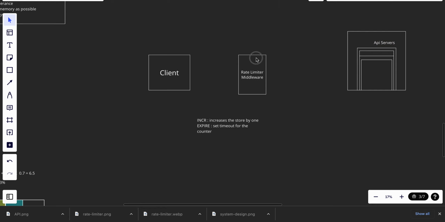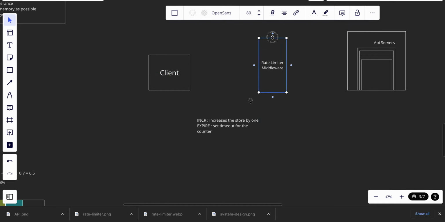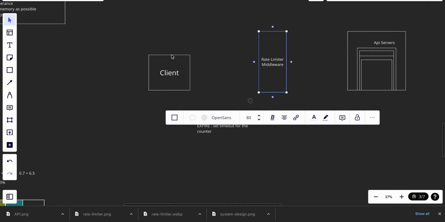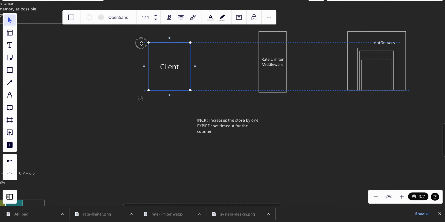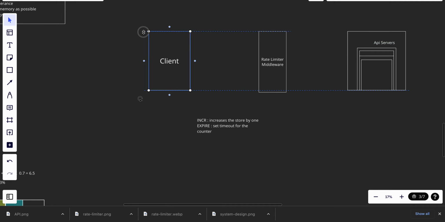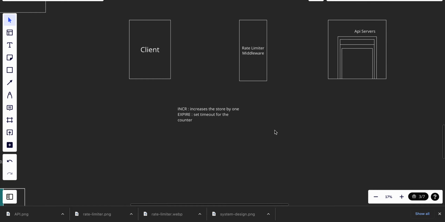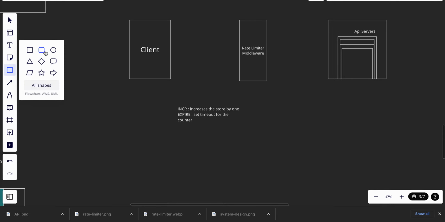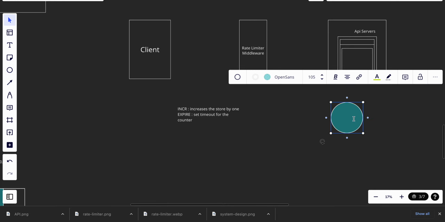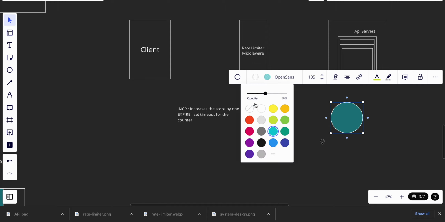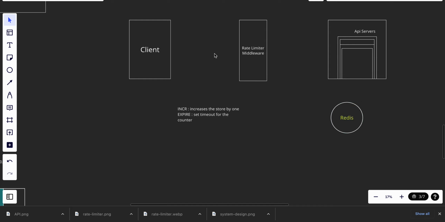Let's make this one as big as the rate limiter middleware. We have the client, and we have the Redis. Let's put a shape here for Redis, with no color. It will be Redis, like that.